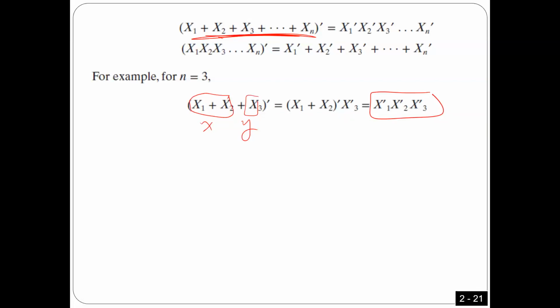Once you use it, here this is X inverted, and X, Y inverted, it becomes this. And then I can do De Morgan again for this one, and this is the result you will get.